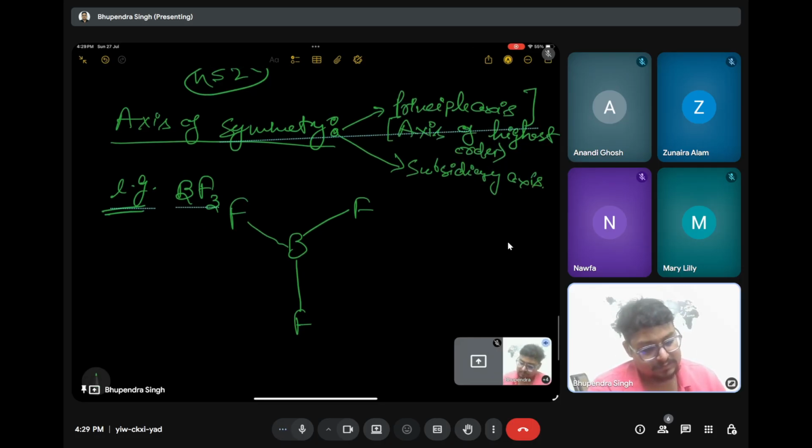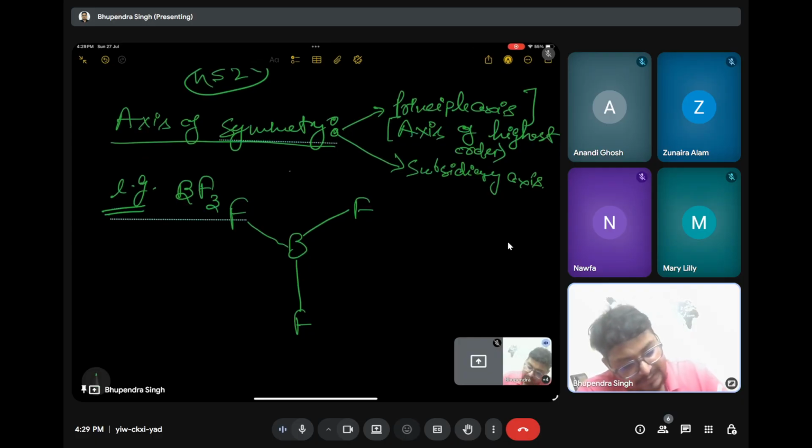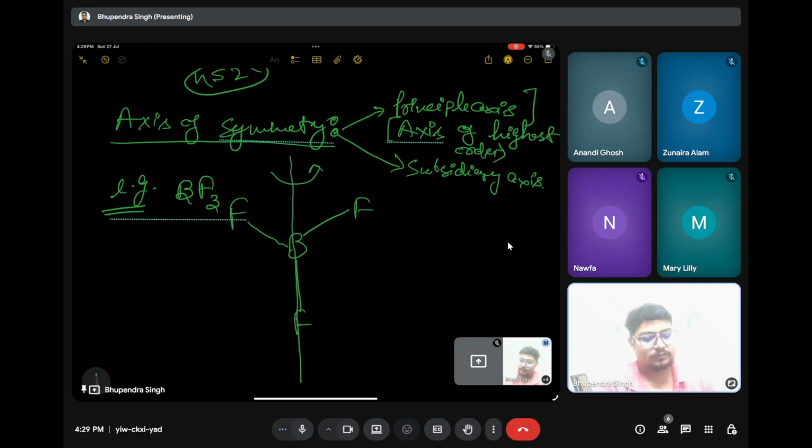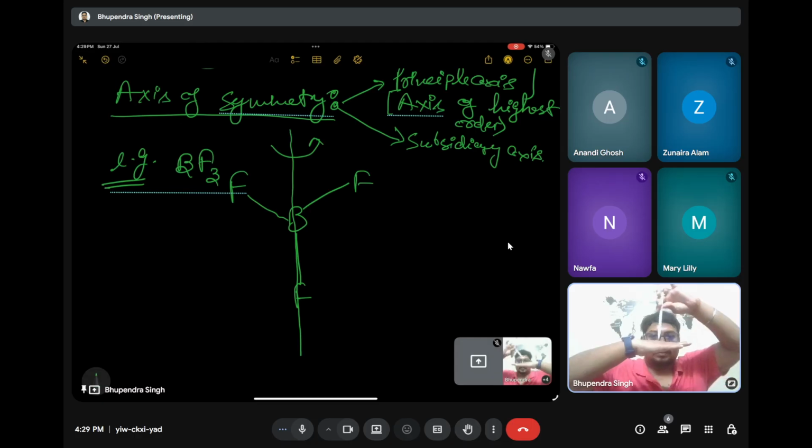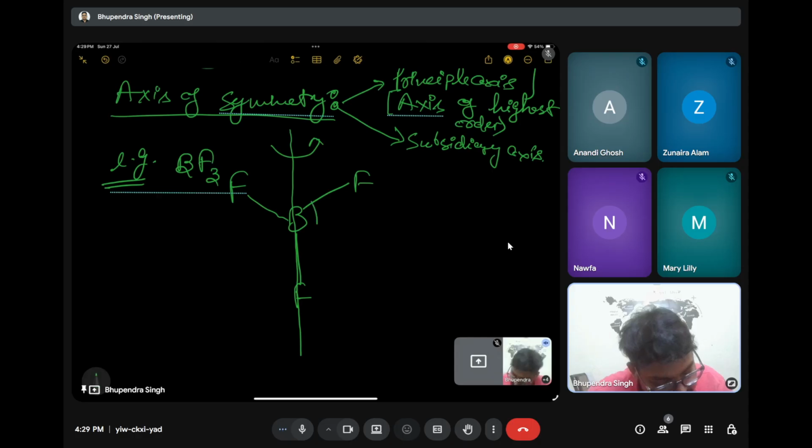So if you draw the axis here, what do you think? It is planar, like this only. Boron is here, and the three fluorines are here at a 120-degree angle.